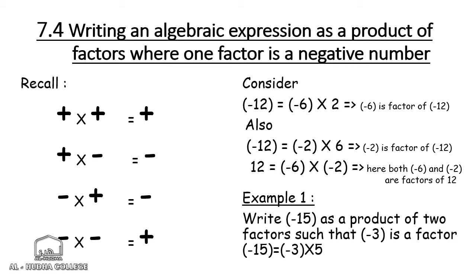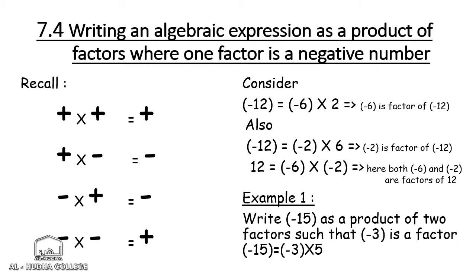Then while multiplying a negative value with a positive value, also the answer will be a negative value. And while multiplying two negative values, you get a positive value. You should know this to study this. I think you must know this, as you have studied it before this grade.